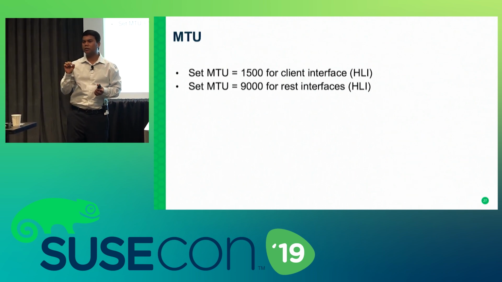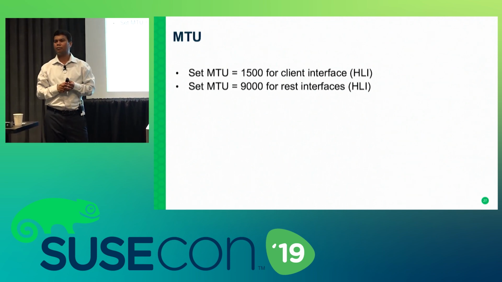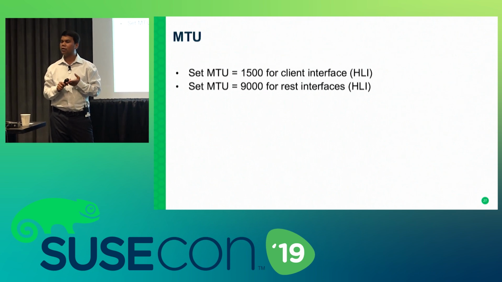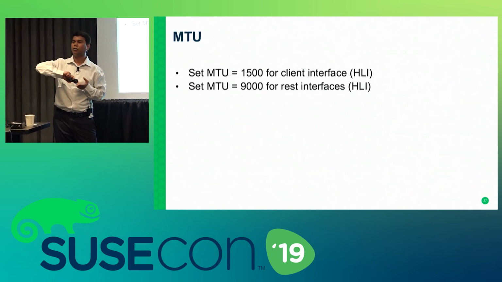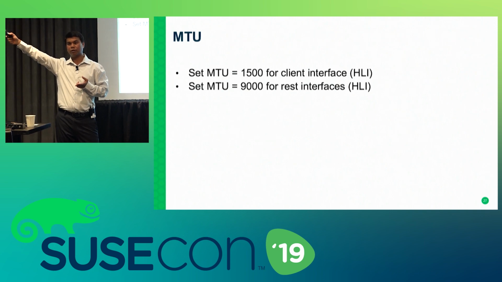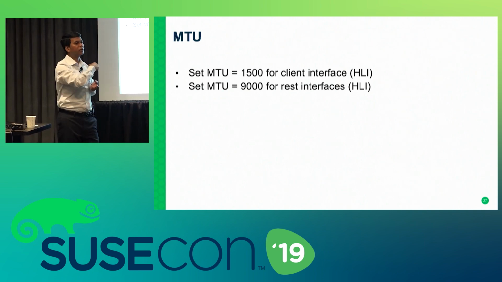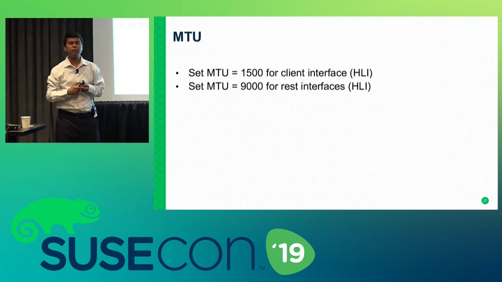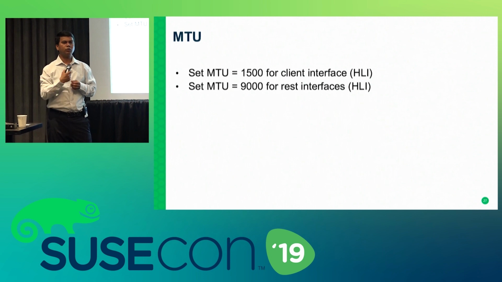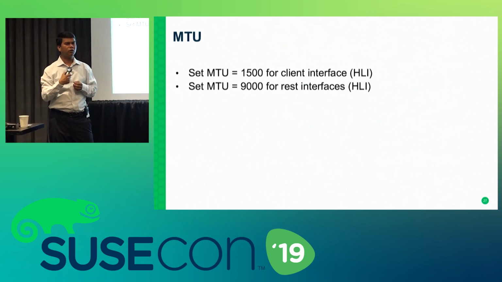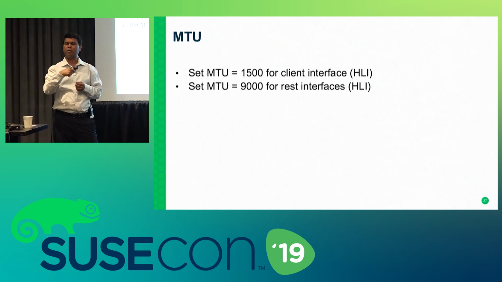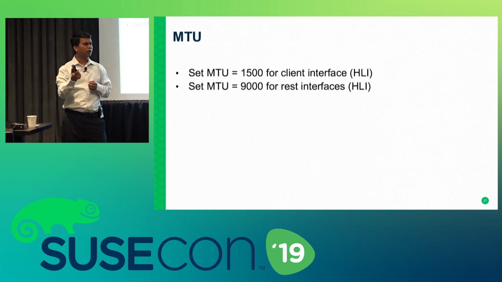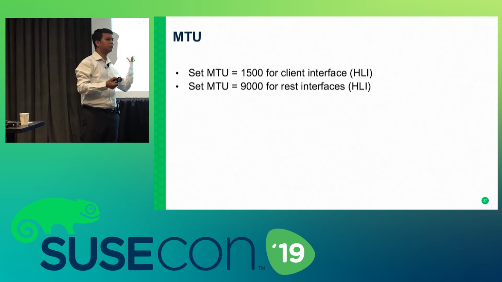So if you are considering that, then you want to set the MTU for your client, as well as for any HSR that you are doing for disaster recovery purposes on the other region. If you don't set it, especially for the DR environment, it does not synchronize and it gives you a weird error. Honestly, it took us 5 to 6 days to figure out why the DR synchronization was not happening, and the error was not clear that you have an MTU problem.